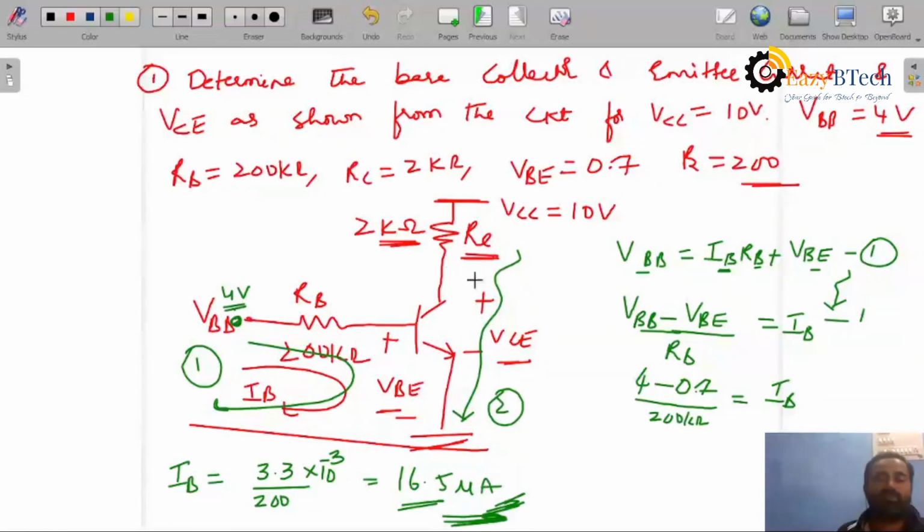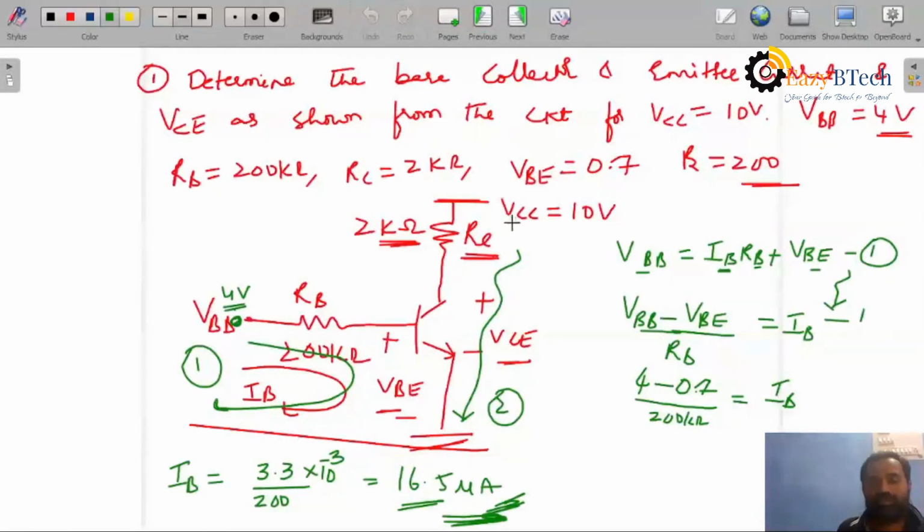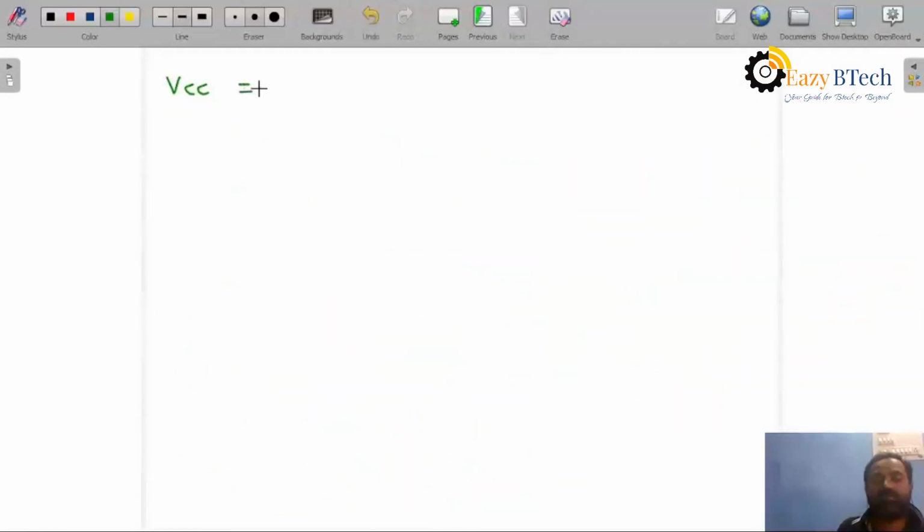Okay, students. From the equation 2, we will write a VCC. This VCC is equal to the current here IC RC plus VCE. VCC is equal to IC RC plus VCE.